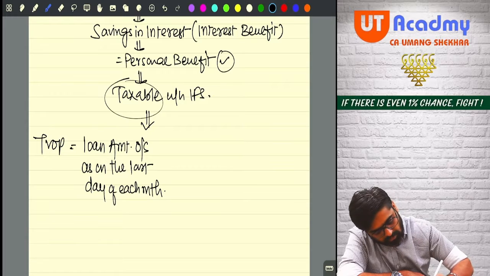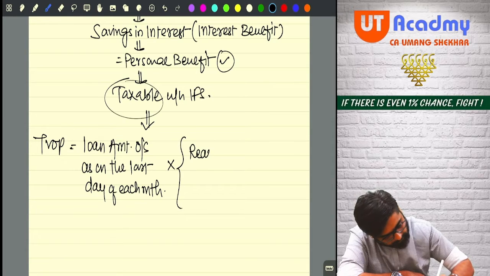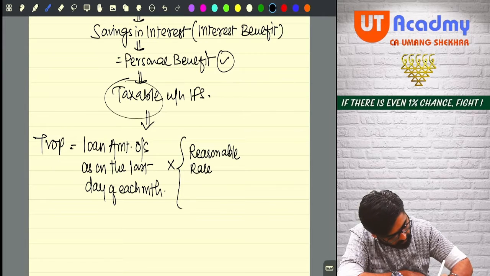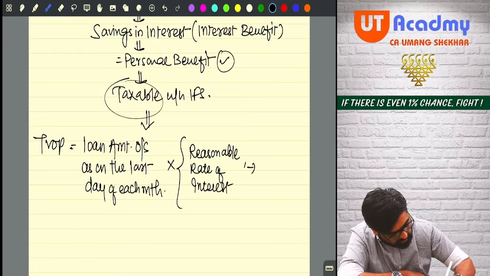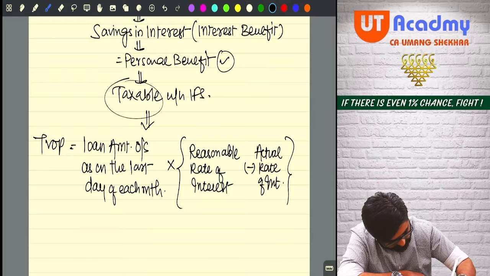So what I will do, multiplied by reasonable rate of interest minus actual rate of interest, and this again multiplied by 1 by 12.